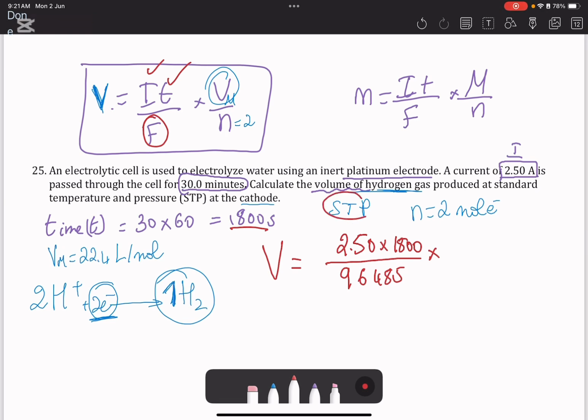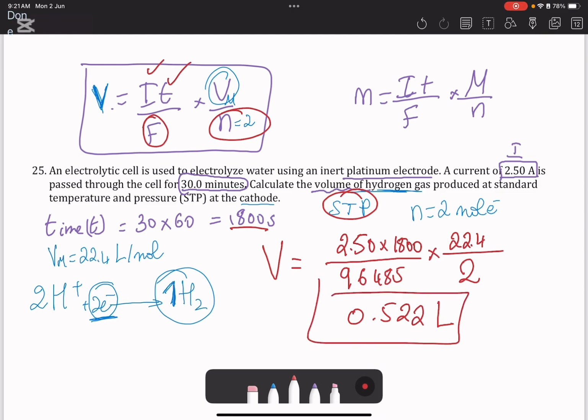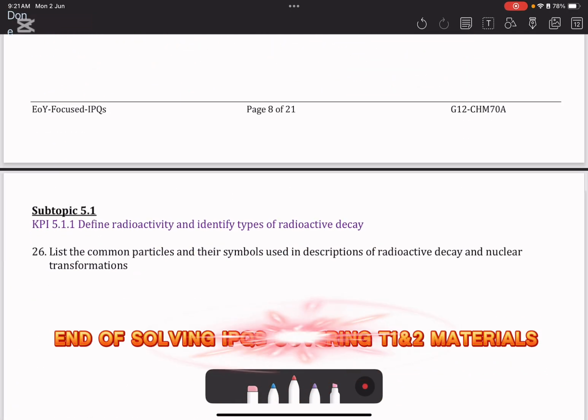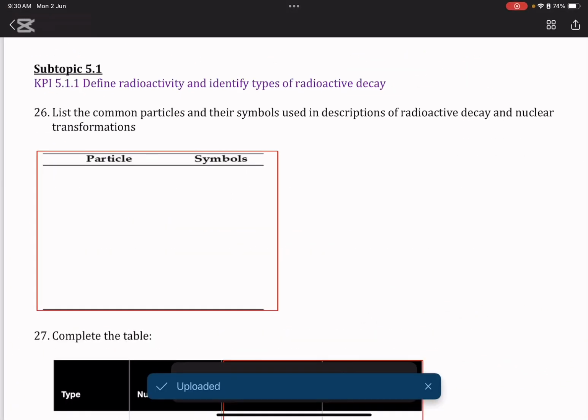Multiplied by the molar volume, STP, so it's going to be 22.4, divided by moles of electrons. Plugging this into your calculator, you will get 0.522 liters. That's the answer.